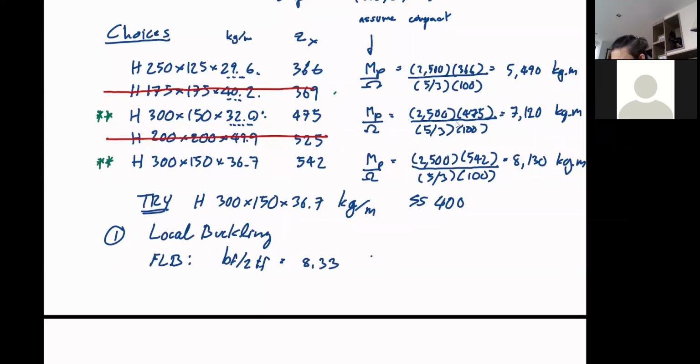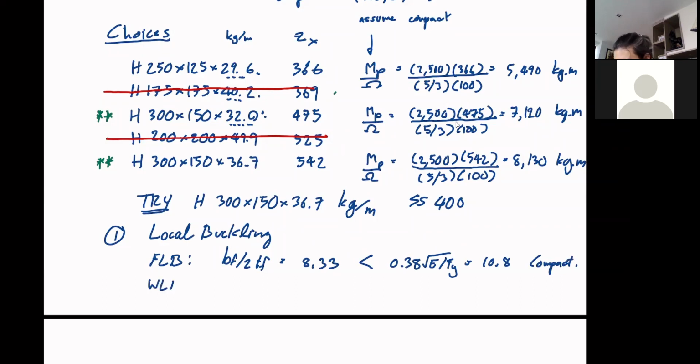This is surely going to be less than 0.38 square root E over Fy, which is roughly 10.8, am I right? Yeah, right, 10.8. So we now have the compact flange.